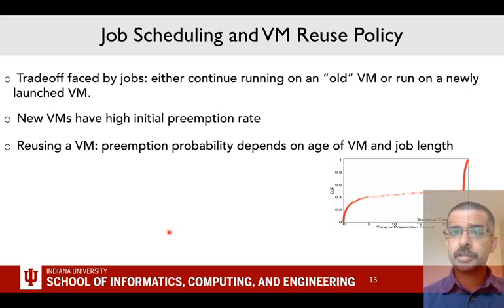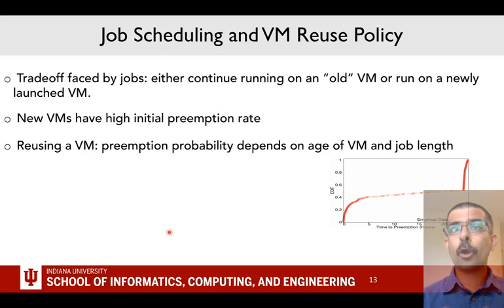And the trade-off here is interesting because a new VM has a high initial preemption rate, but if the job survives this high rate, it will enjoy relative stability. But reusing a VM can also provide low failure rates.